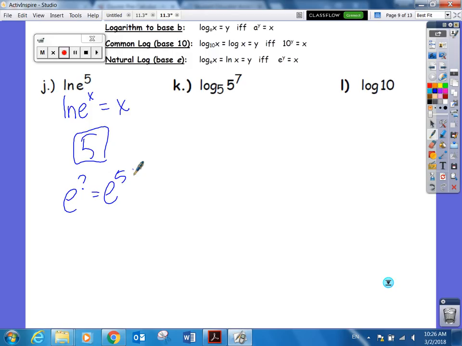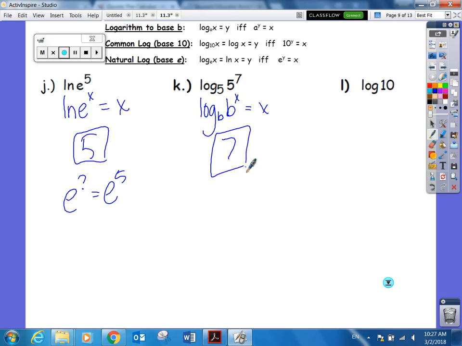Same thing here. The property is log base b of b to the x equals x. As long as the b's, the base right here, the log base 5, and what you're taking the log of, those numbers are the same, then that expression is equal to the exponent.